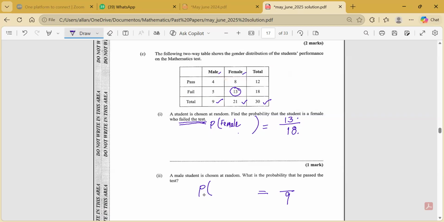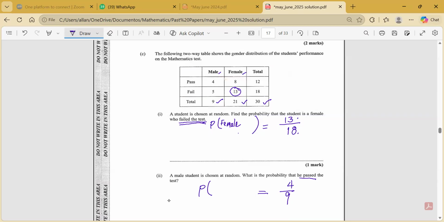So we want how many, and he passed. He passed the exam. So how many males passed? How many males passed? 4, sir. Because we're looking at male students now.